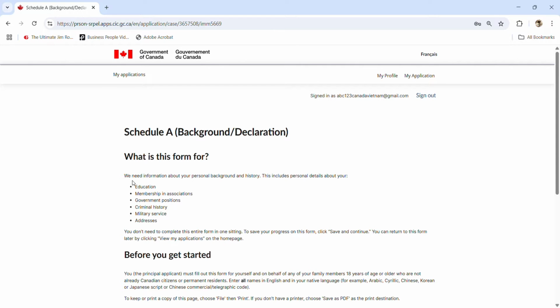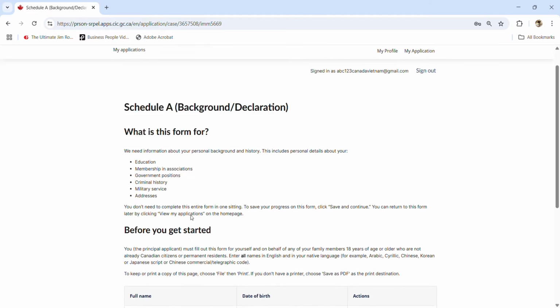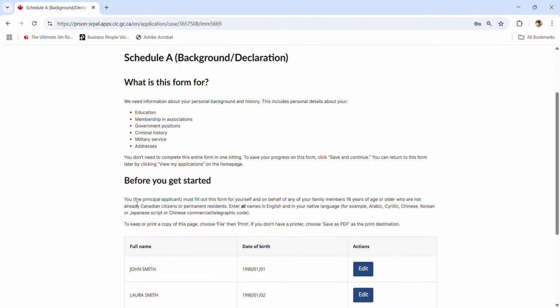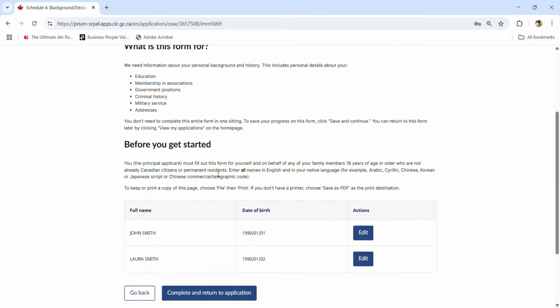You will need to provide IRCC the information about education, the membership in any associations, government positions, criminal history, military service, and addresses. Okay, and you as a principal applicant must fill out this form for yourself and on behalf of any of your family members 18 years of age or older who are not already Canadian citizens or permanent residents.